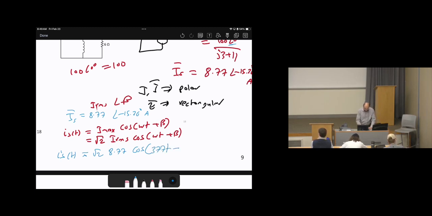Beta here is negative, so it's negative 15.26 degrees, in amperes. You can stop here, or you can calculate square root of 2 times 8.77, which will be a number, cosine 377t minus 15.26 degrees amperes. Then we say, okay, problem done, that's what we need to do in the calculation.